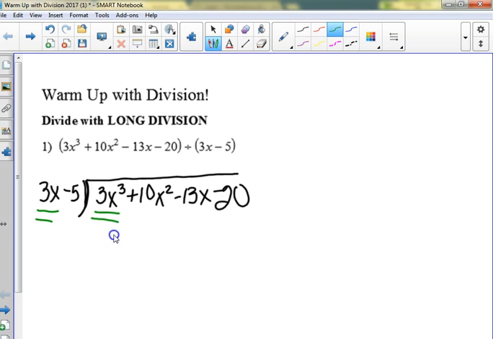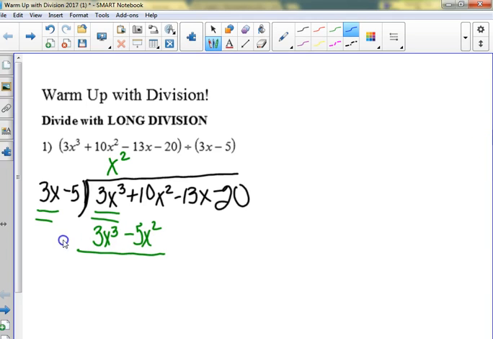So it needs to multiply by x squared. And then you are distributing x squared times both of these terms. So x squared times 3x should be 3x cubed. That was the point. But then you also have x squared times a minus 5, which is a minus 5x squared.